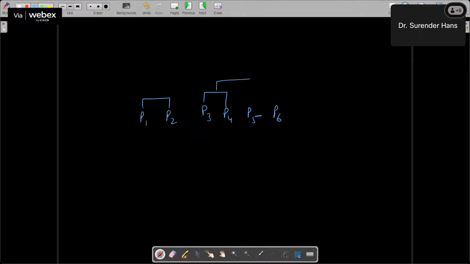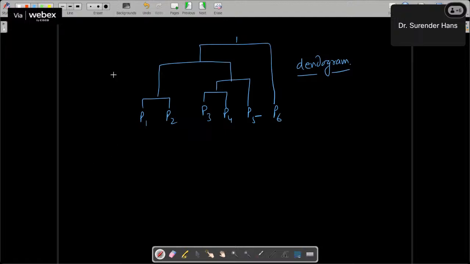Then one more cluster. Then this one cluster. Then this one cluster. Okay. So this is our dendrogram.